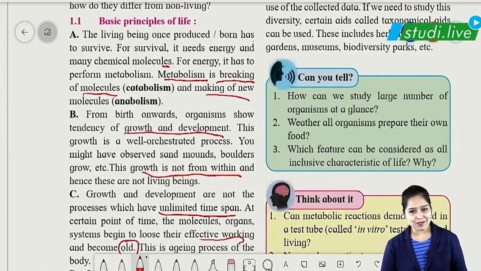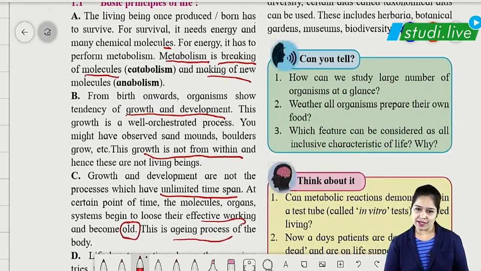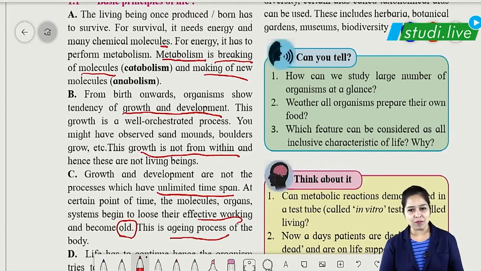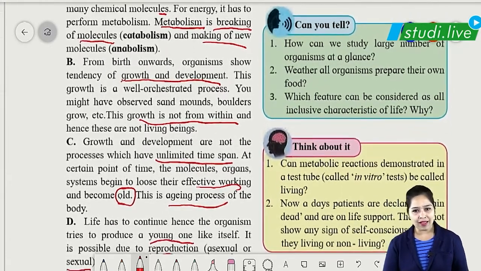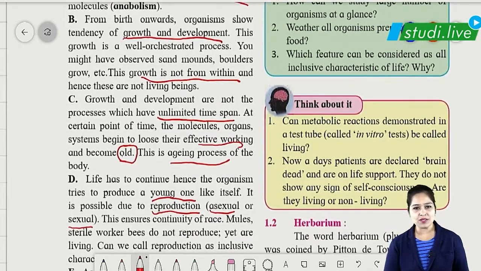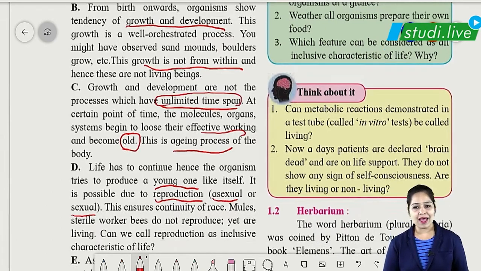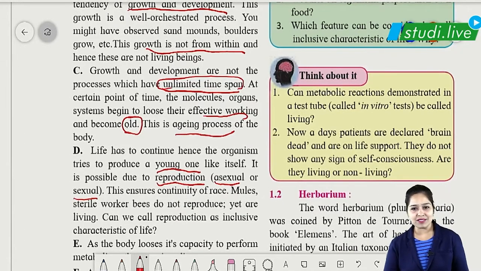So in these 6 points we have covered, the first one was that the living organism once born has to survive. For surviving, it needs energy, and that energy is obtained from the food we eat. After birth, there is growth and development, and that takes place from within. Then the next one was that it does not occur for an unlimited lifespan; our growth is for a limited lifespan, and after that we start becoming old, which is called aging.